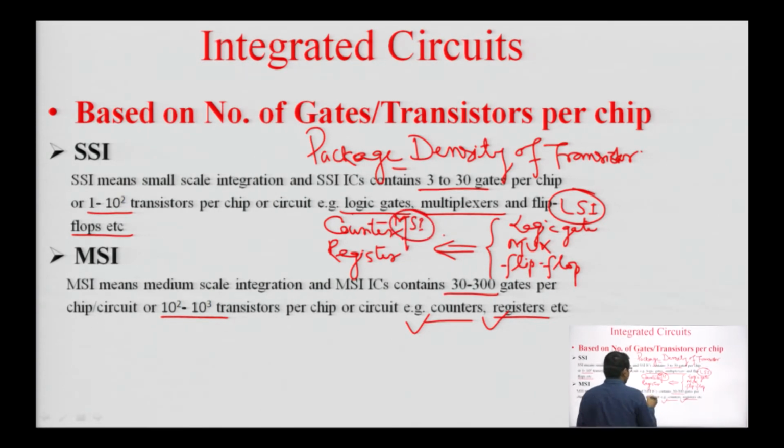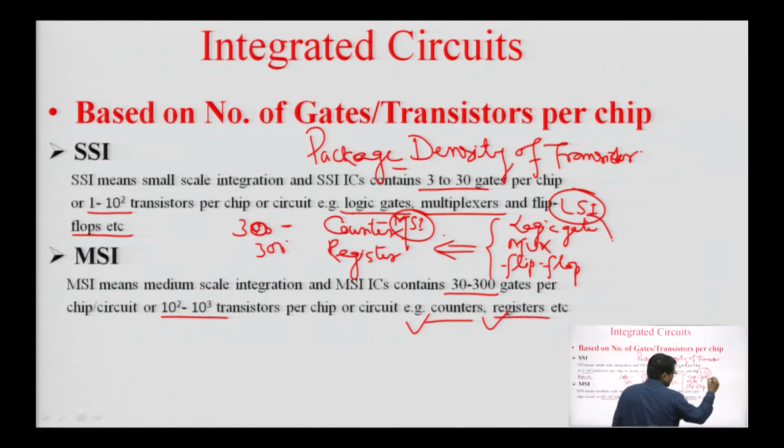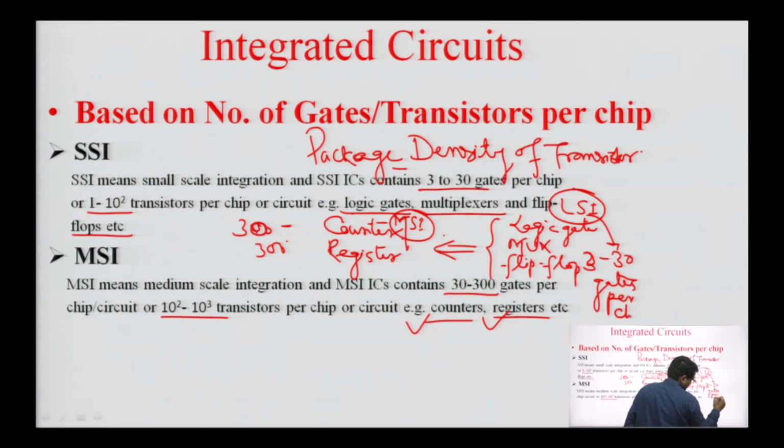Okay. So, MSI contains 30 to 300 gates per chip, and SSI contains 3 to 30 gates per chip.